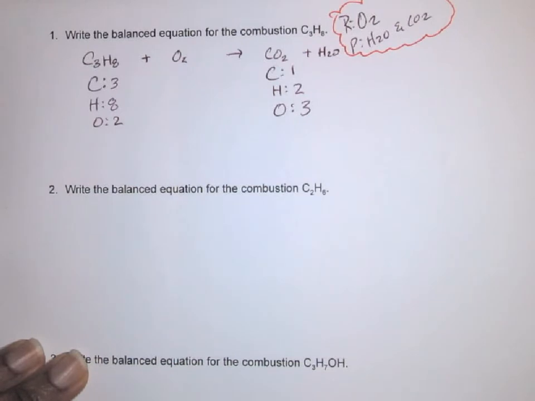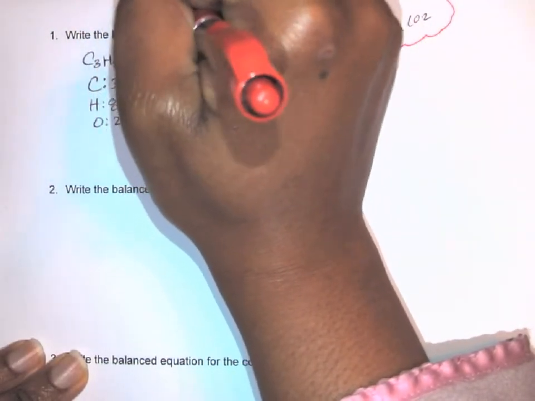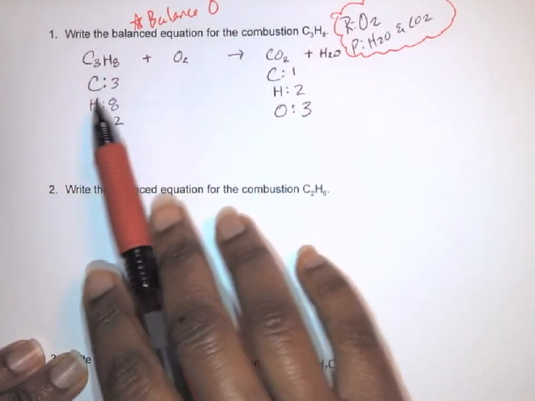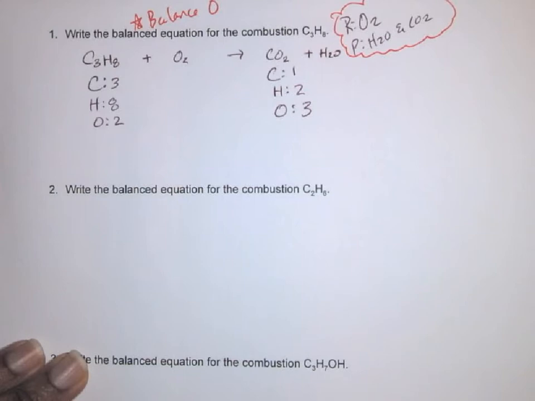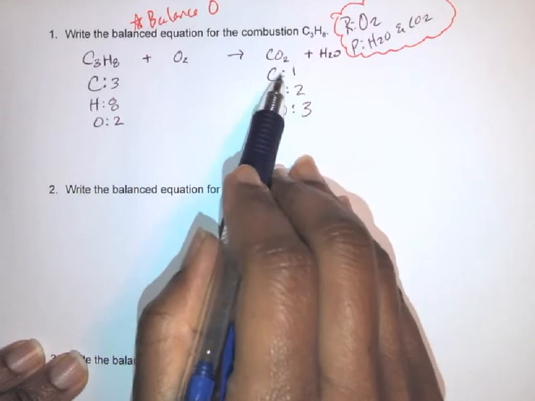Okay, so now that we've done that, remember our strategy that we learned in the previous video is to balance the oxygens last. So let's go ahead and focus on the carbons and the hydrogens. So starting with carbon. I have 3 carbons on this side and I have 1 on that side.